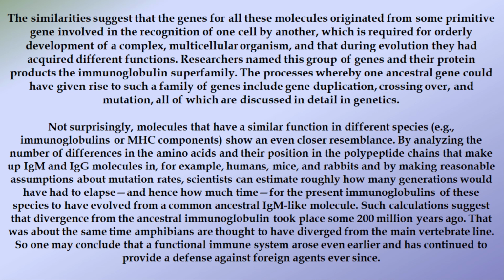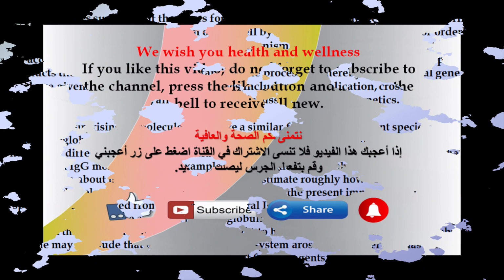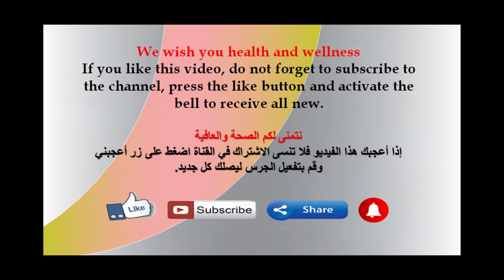Such calculations suggest that divergence from the ancestral immunoglobulin took place some 200 million years ago. That was about the same time amphibians are thought to have diverged from the main vertebrate line. So one may conclude that a functional immune system arose even earlier and has continued to provide a defense against foreign agents ever since.